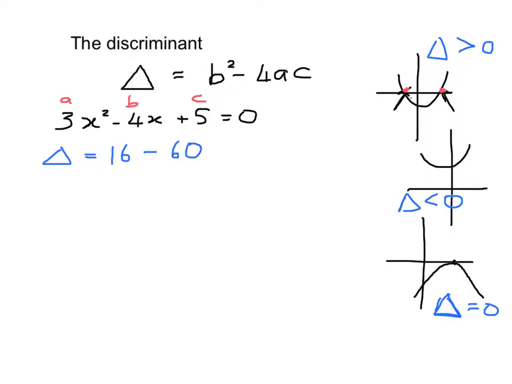So my discriminant equals 16 take away 60, which is negative 44. Because this discriminant is negative, I can say that it has no real roots, only imaginary.